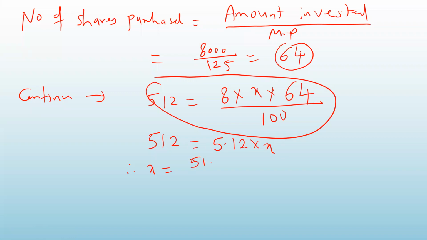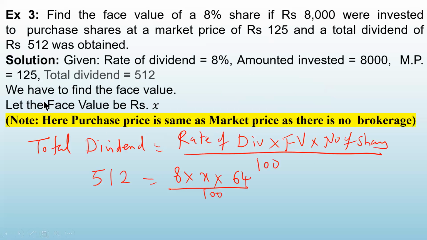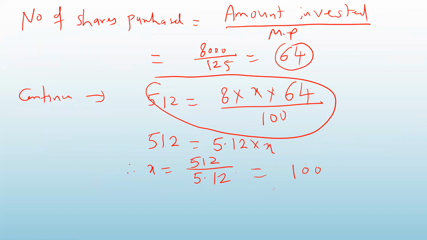It is 512 divided by 5.12. Find out how much it is. That gives you 100. So you got the value of X as 100. But what was your X? X we assumed as the face value. Therefore, the face value is equal to 100.